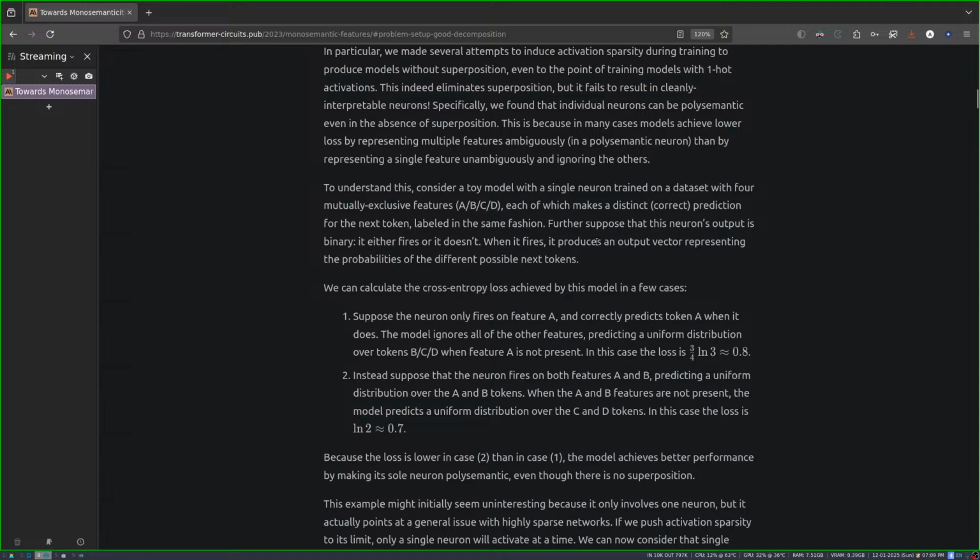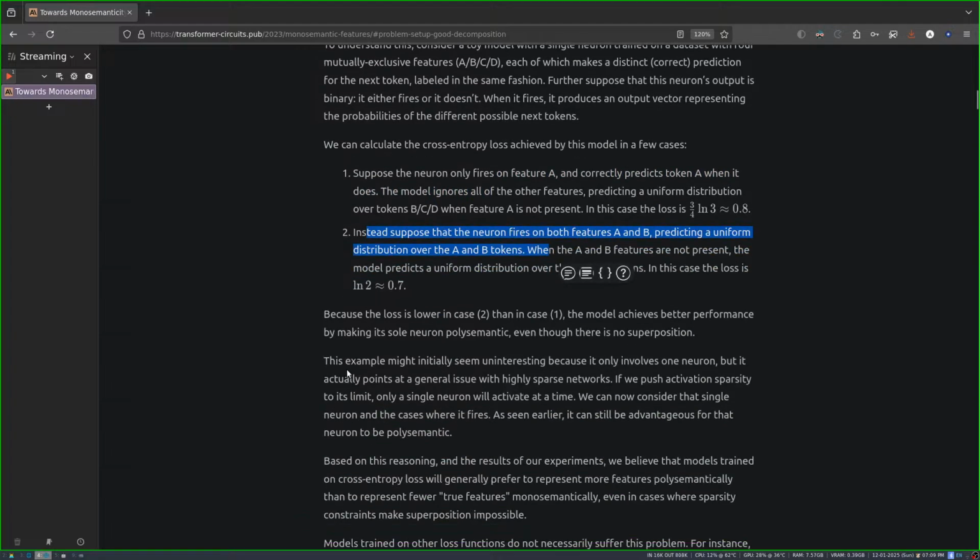When it fires, it produces an output vector representing the probability of different possible targets. We can calculate cross entropy loss. Because of the loss, the model achieves better performance by making the neuron polysemantic, even though there is no superposition.